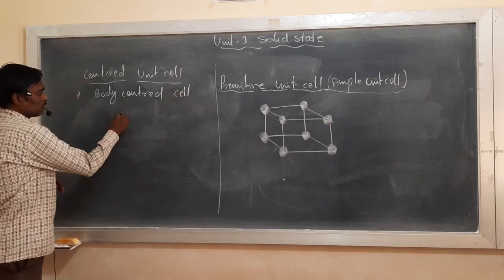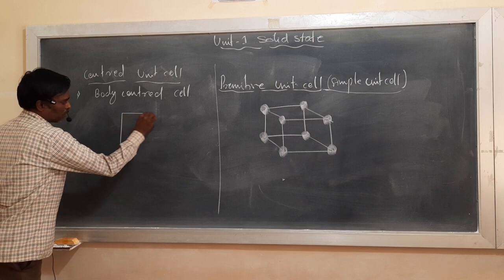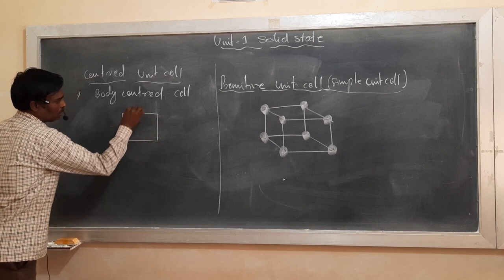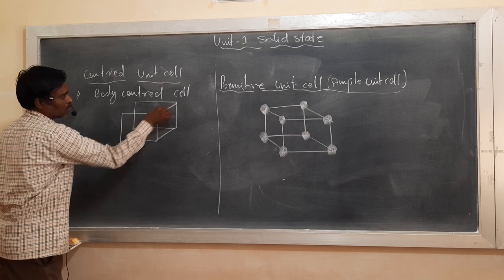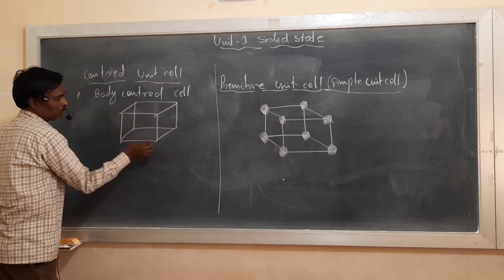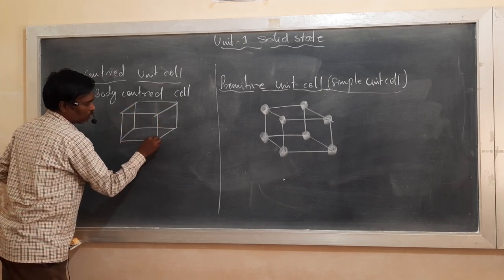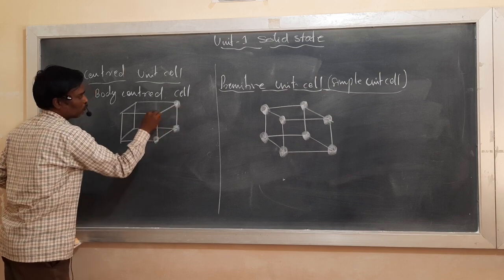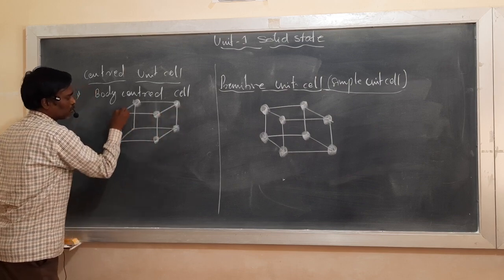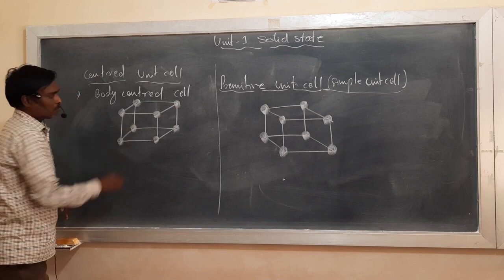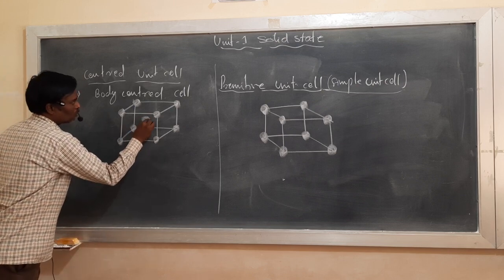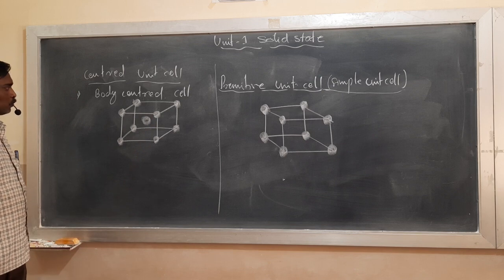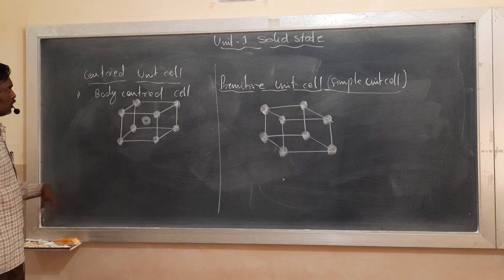In the body centered cell, there are 8 corner particles present, and one particle is present at the center of that unit cell or center of that cube. So these are the 8 particles which are present at the corners, and one is present at the center of the cube.